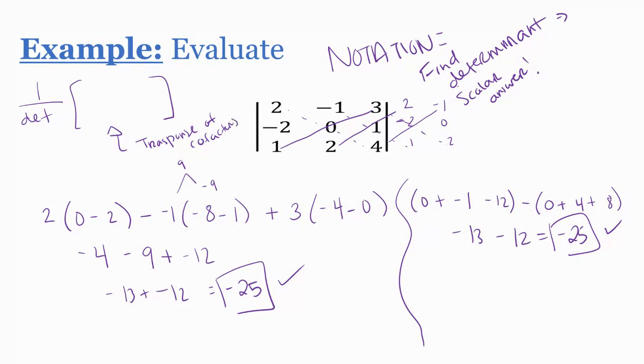If I'm focused on this first spot, I'm going to be finding the determinant of this, and that goes in my first spot. Then in my second spot, I'm going to be finding the determinant of these, and that goes in my second spot. My third spot, right? I would keep going with that, and you're finding all of these values, and then you're doing the transpose of the cofactors.